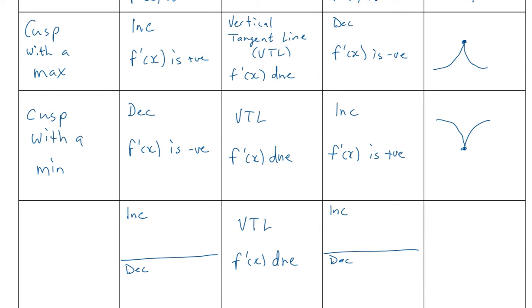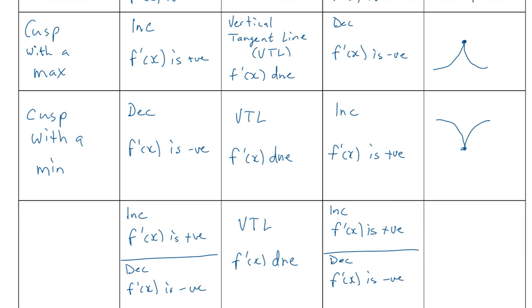And just to complete the chart, I'm going to write these in. But again, I think we've probably got this idea by now. So the derivative is positive, then it does not exist, then it's positive, but again, the function does exist at that point. Or the derivative is negative, then does not exist, and then is negative again.